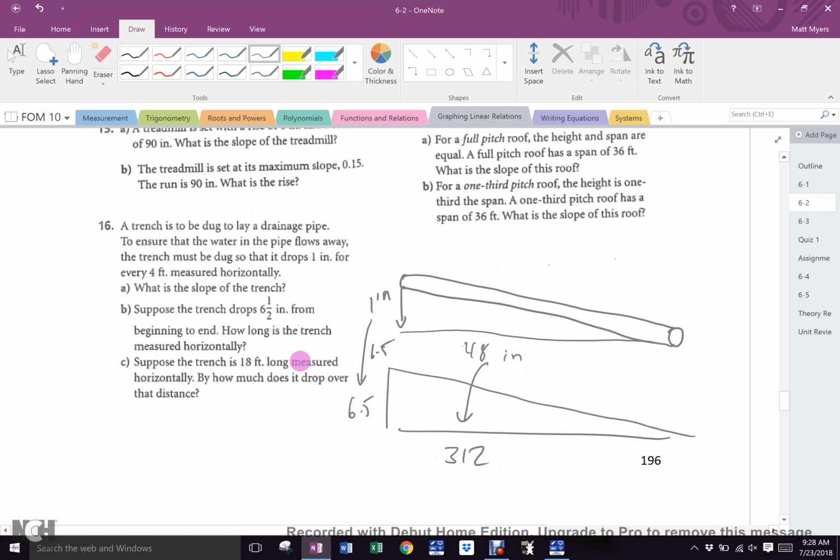And then the other way, you just do the other way. 18 feet down here. It should be 4 feet, right? So this multiplies by 4.5, so it would be 4.5 inches.